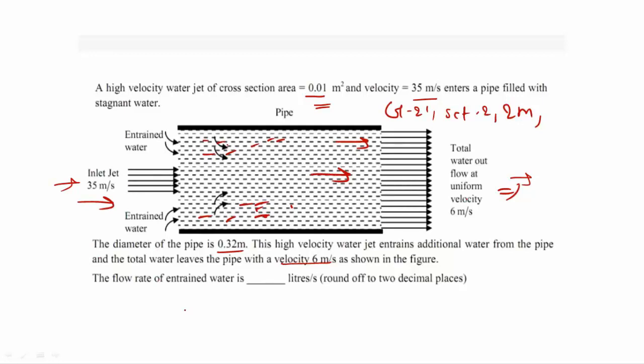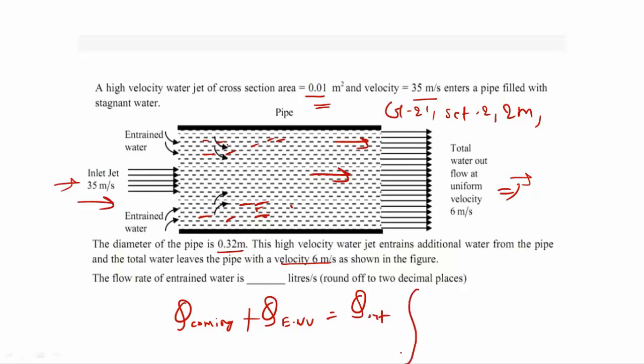So what you can say, sir, here discharge of high velocity coming water plus discharge of entrained water equals the discharge at outlet. So now tell me, my dear friends, according to this, what can we say?